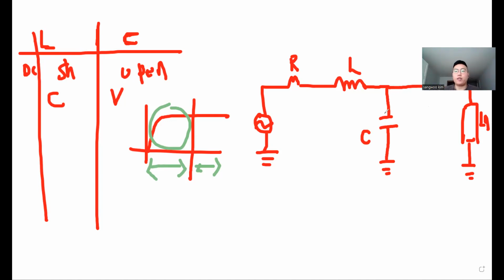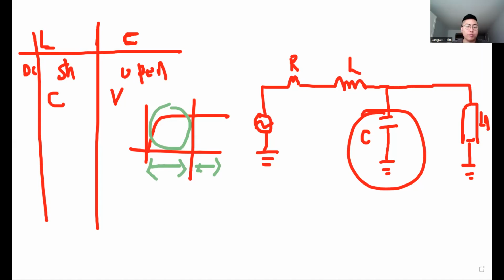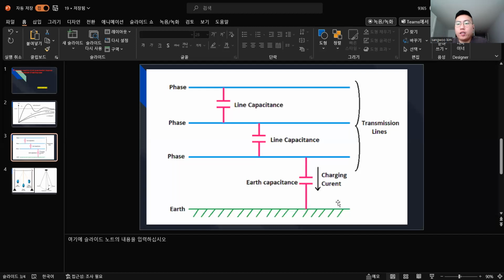Here, for example, this is a transmission line. We don't need to know deeply about what the earth capacitance or line capacitance is right now. Just understand that it exists.